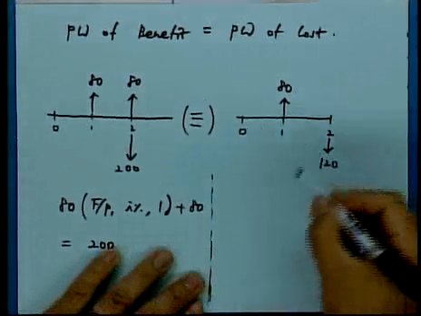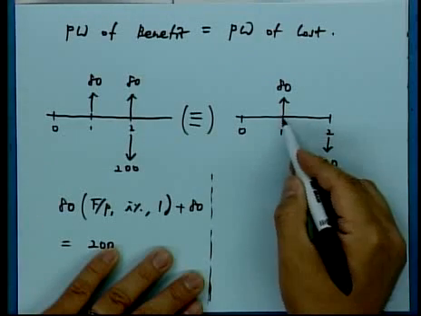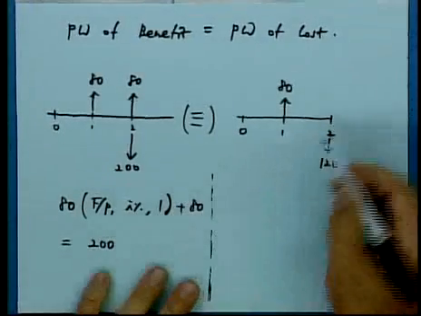Likewise here, you can convert 80 to the equivalent future value at the end of period 2.